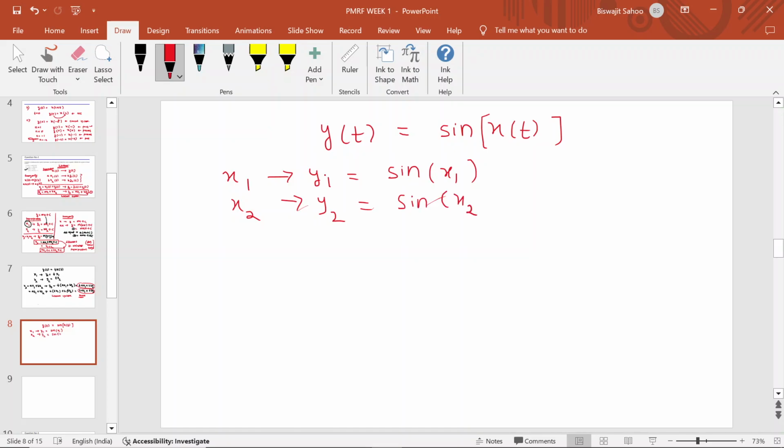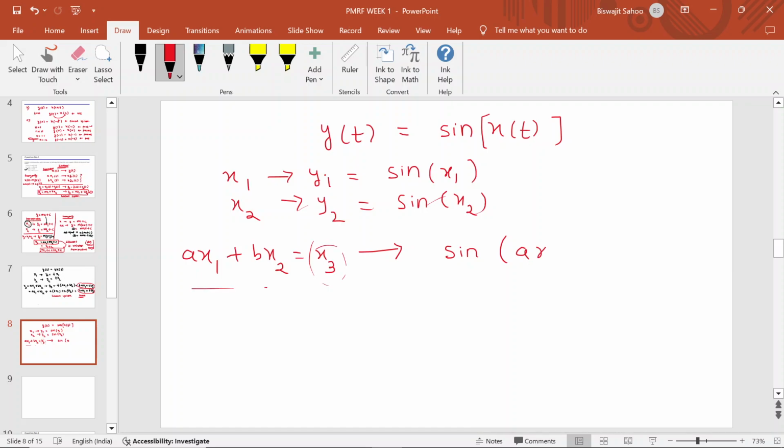Now apply both simultaneously. a x1 plus b x2 is nothing but your x3. That will give a response which is sine of, wherever x is there, you replace it with x3, and x3 is a x1 plus b x2.